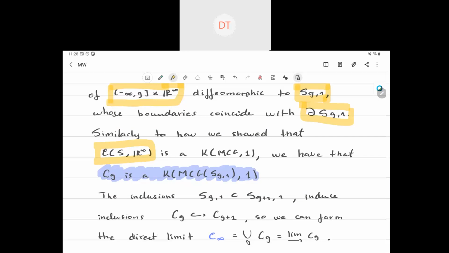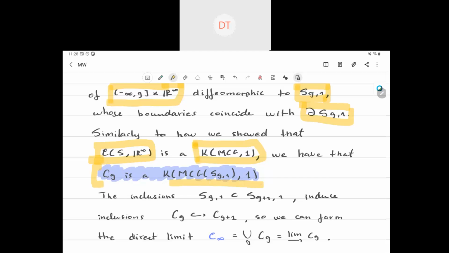But the key thing that we needed for this C_S R infinity is that it was an Eilenberg-MacLane space. That is pretty much the only proof that I have shown today: that this C_S R infinity is an Eilenberg-MacLane space. In a similar way that we prove that, one shows that this construction C_G is an Eilenberg-MacLane space.